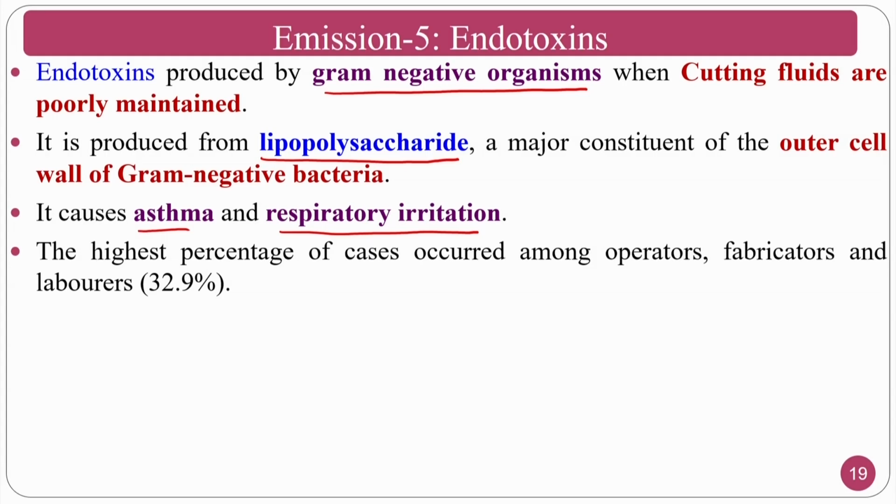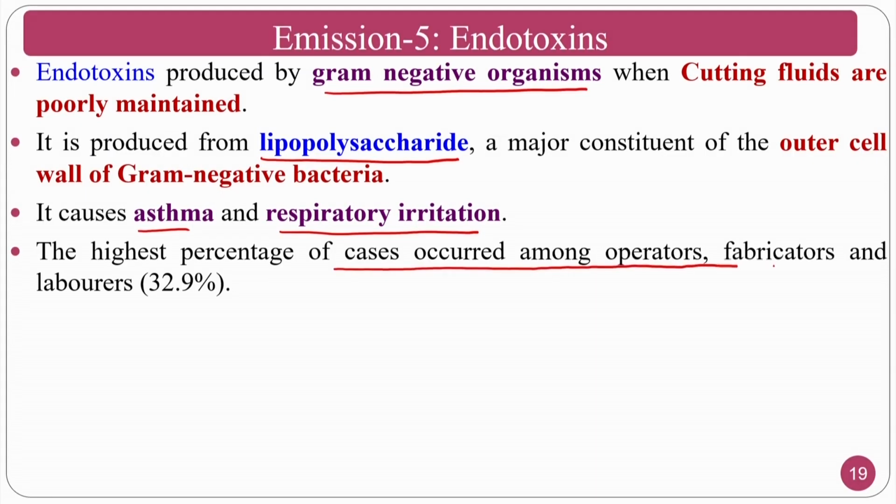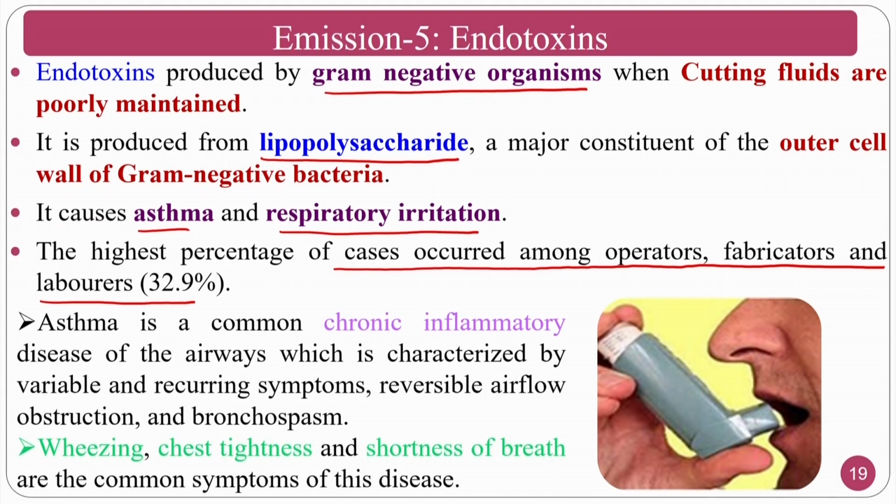Asthma and respiratory irritations are common problems that you can come across in most manufacturing workers in industries. The highest percentage of cases occurred among the operators and fabricators in the laboratory people, approximately 32.9 percent. You can see these types of respiratory problems majorly in the staff because of endotoxins.